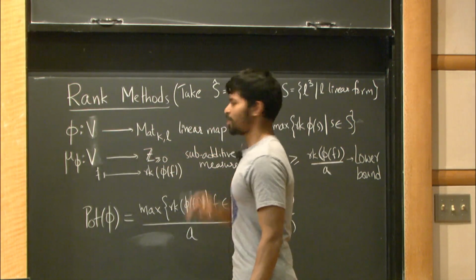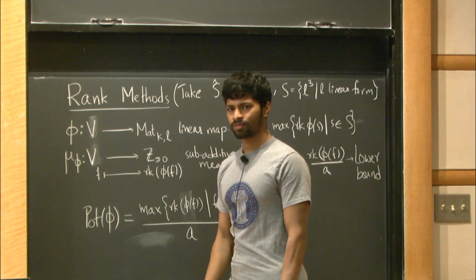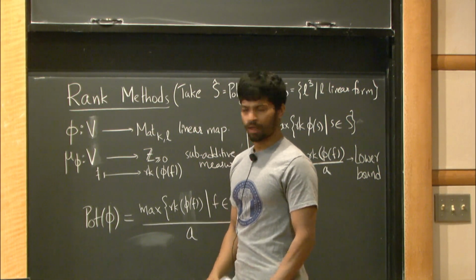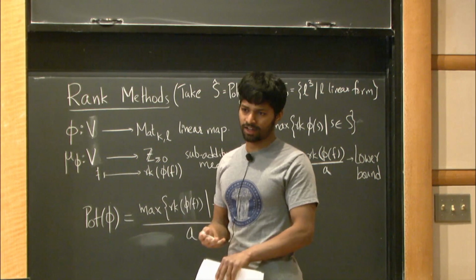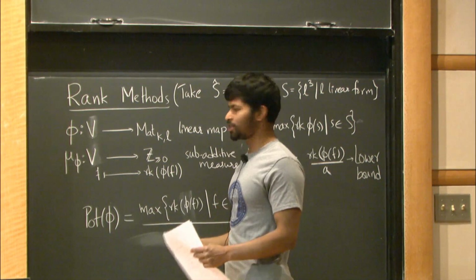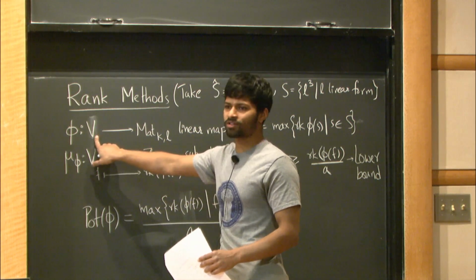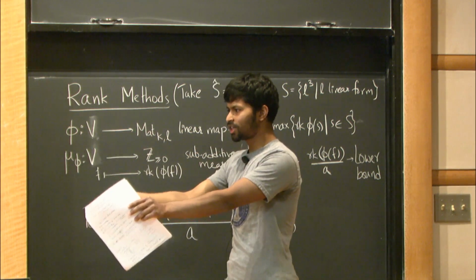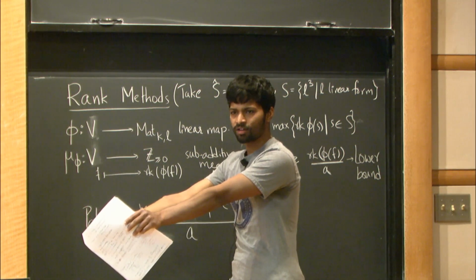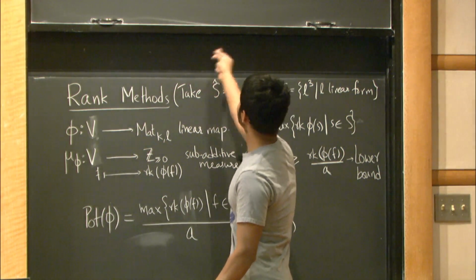You take a linear map into matrices. Once you have matrices, you can take its rank and get an integer. So what I've described is a procedure that takes any element of some vector space, sends it to a matrix using this linear map, and then you get a number by taking its rank.